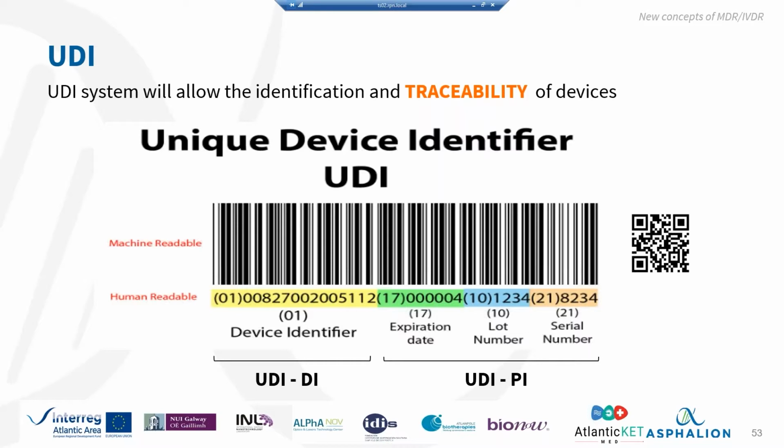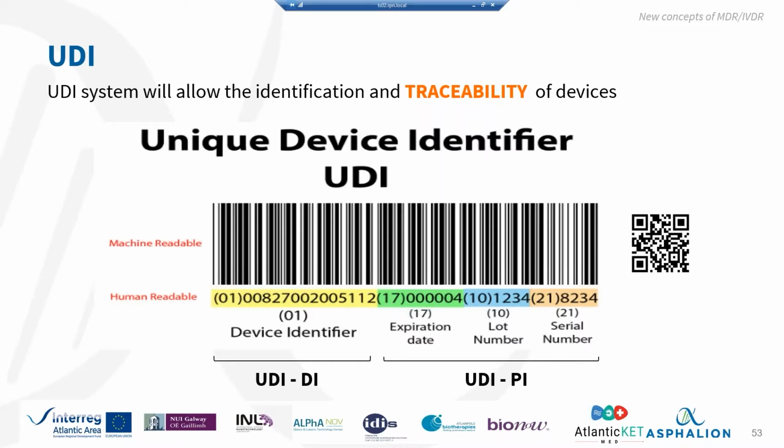On the other hand, we've got the UDI-PI. These are going to be numbers associated with the manufacturing process. Okay, we've got the expiration date, or lot numbers, or serial numbers. Okay, and this is going to be printed on the packaging of the device. Okay, and it's mandatory to include this information for your medical devices.